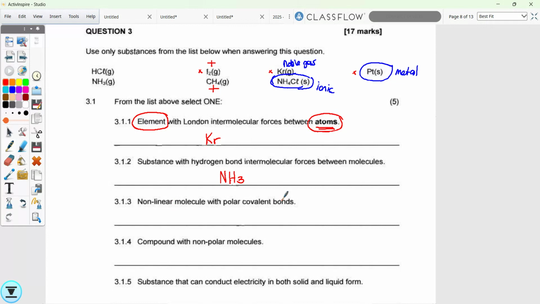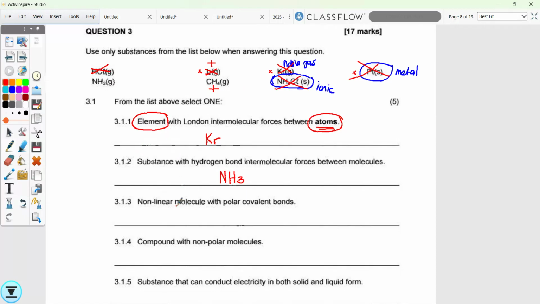Non-linear molecule. Linear means straight line. So two atoms will always be in a line. So if they say non-linear, it cancels everything that only has two atoms. And it cancels the noble gas, and it cancels the ionic, and it cancels the metal. So we're only left with those two.